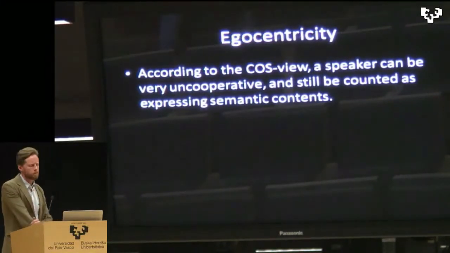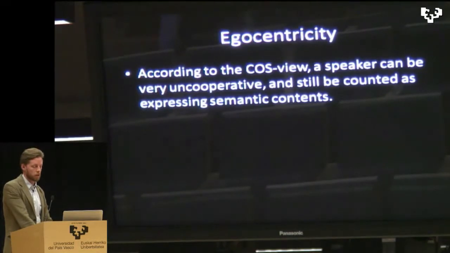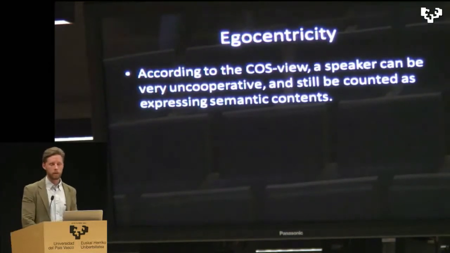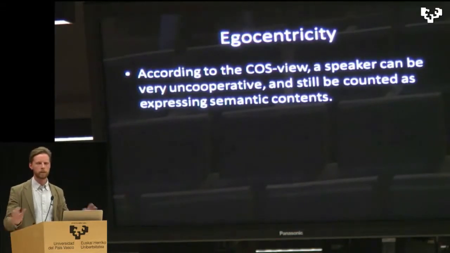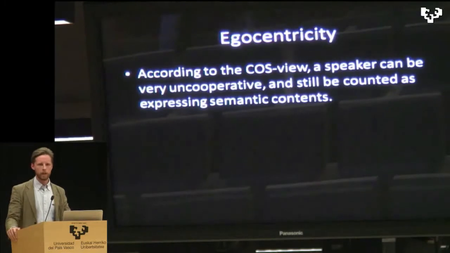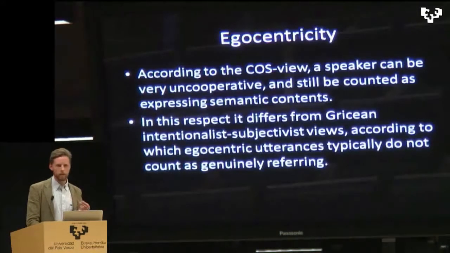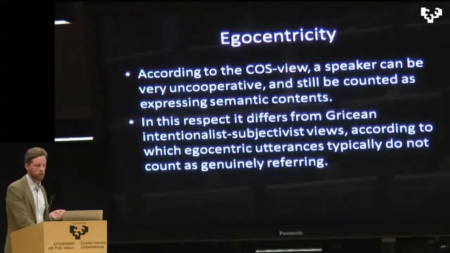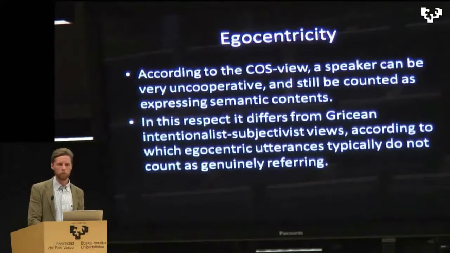I think that, according to the way I think of conceptions of situations, a speaker can be very uncooperative, have a very egocentric perspective, take things to be salient which are not at all communicatively salient, and still be counted as expressing semantic contents. So this is a difference from neo-Gricean intentionalist subjectivist views, where you focus on communication.